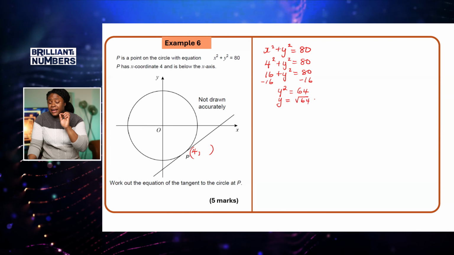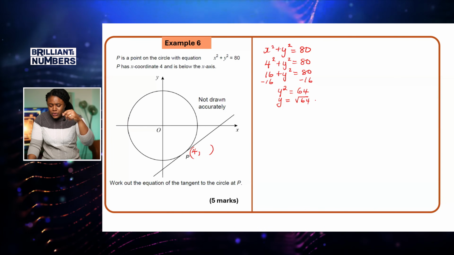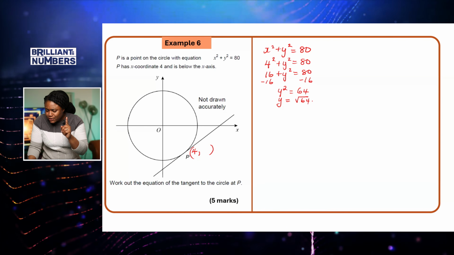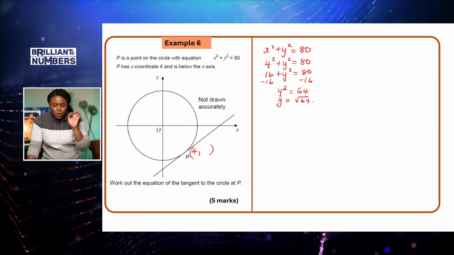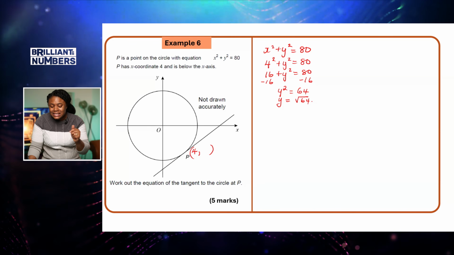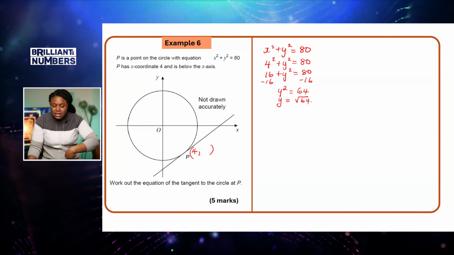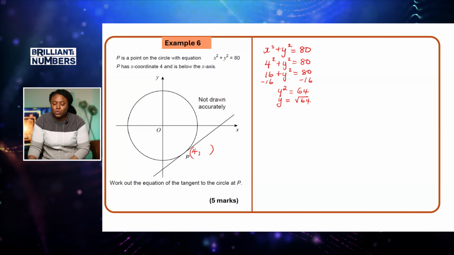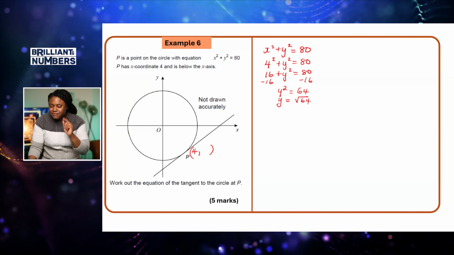Very important here. For the last questions where we did the square root, I did say we need to have a positive value. But in this particular question, we are specifically told that P is below the x-axis. That means the y coordinate will be negative, so we have to choose the negative value of the root.